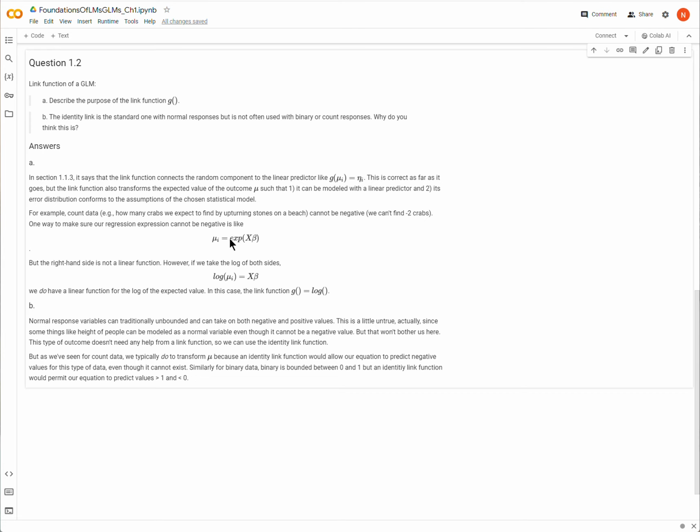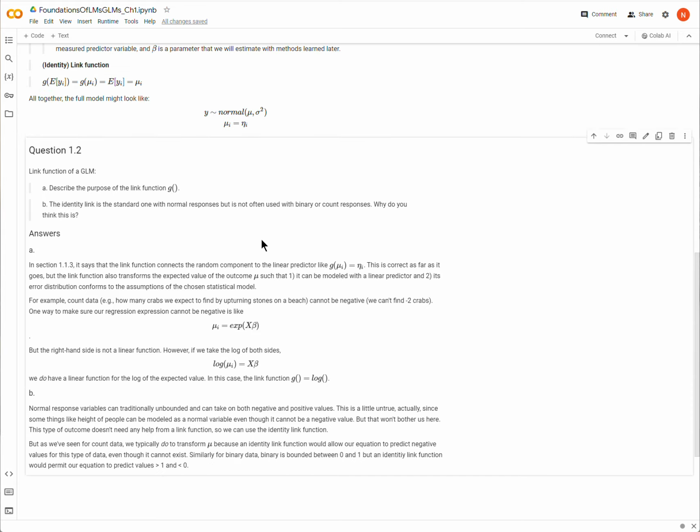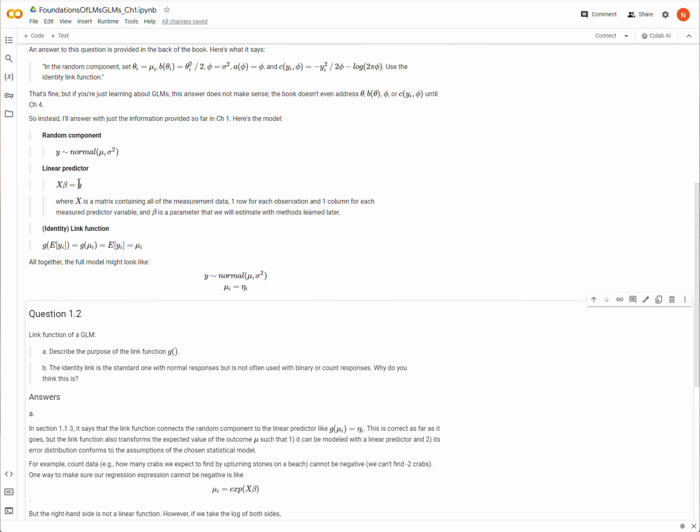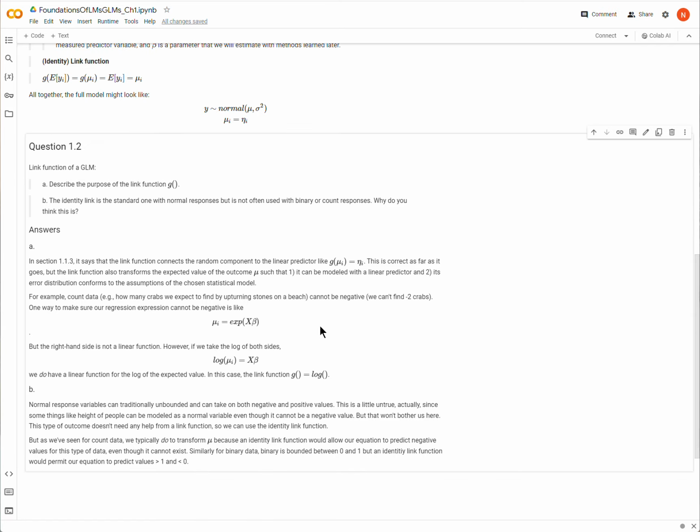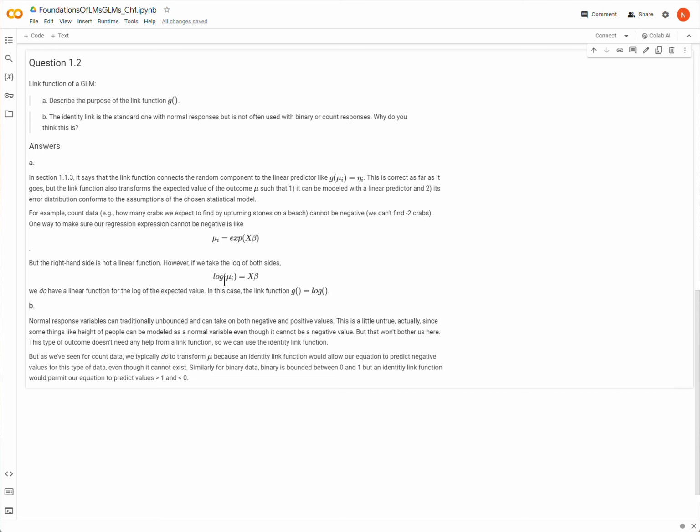One way to ensure only positive values is to take our linear predictor, x beta, which just equals eta, eta is just a shorthand for it, and exponentiate it. Now we only have positive values. But the problem is that this is not a linear function, it's an exponential function.